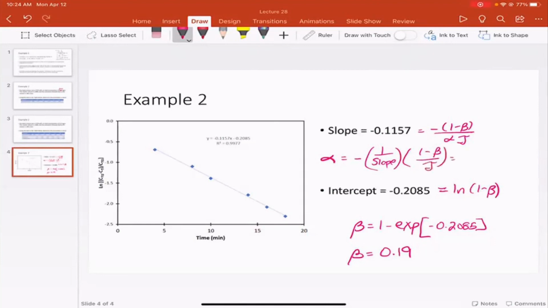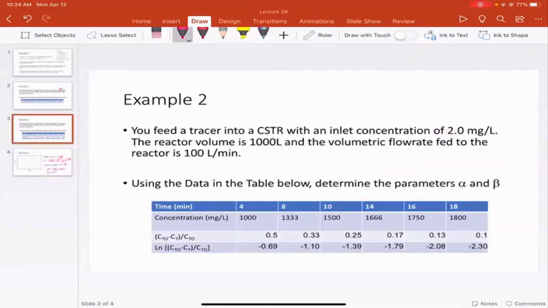So that's equal to minus 1 over negative 0.1157 times 1 minus 0.9 divided by tau in this particular problem. And so we were told here that the reactor volume is 1,000 liters and the flow rate is 100 liters per minute, right?